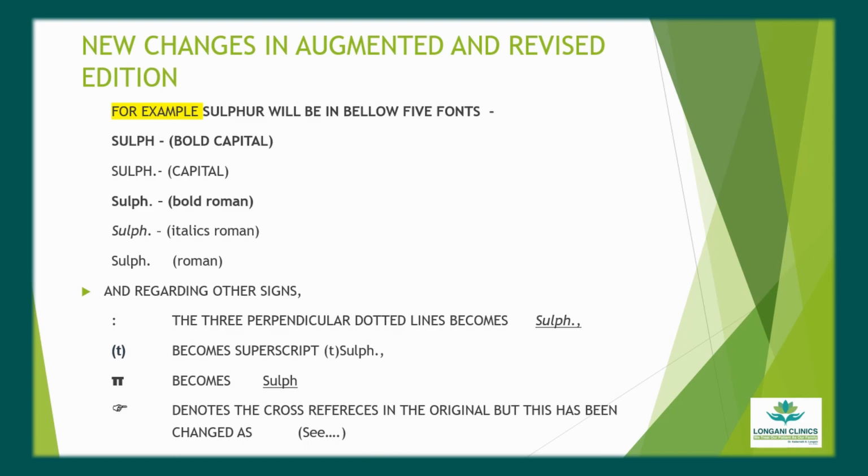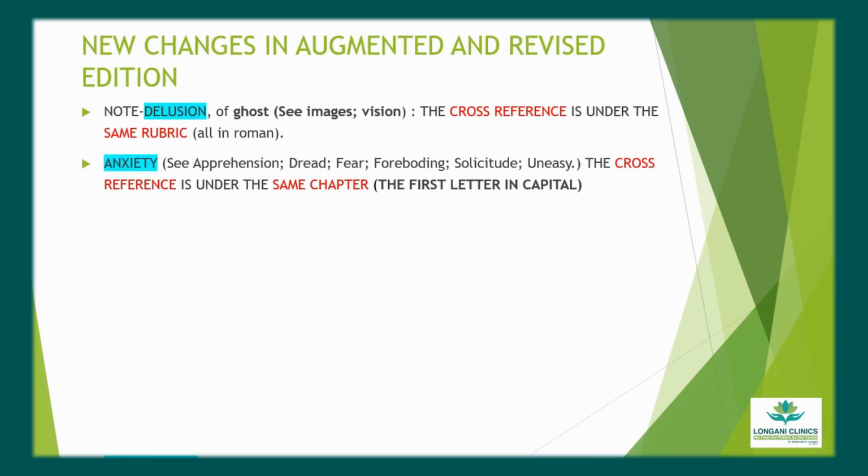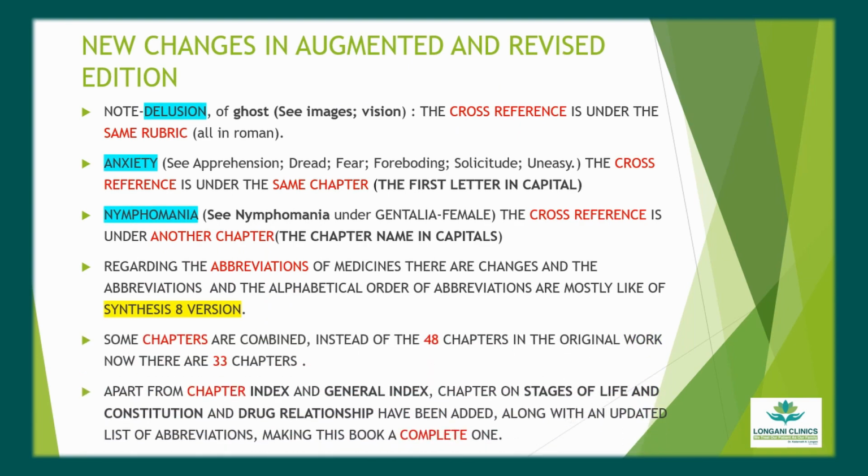The hand symbol denotes the cross reference in the original, but this has been changed, as you will find in brackets, C. Note: Delusion, ghost. In brackets you will see images, vision.